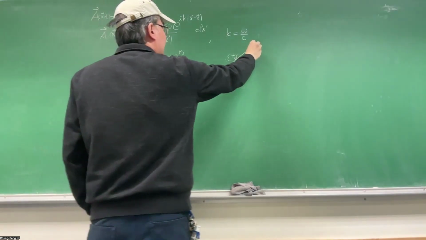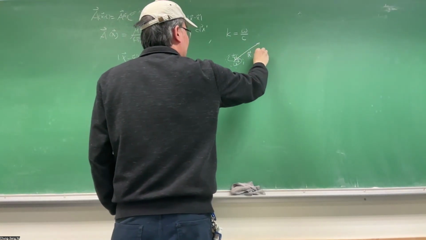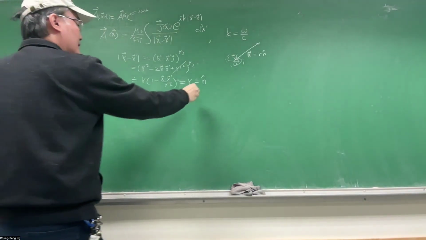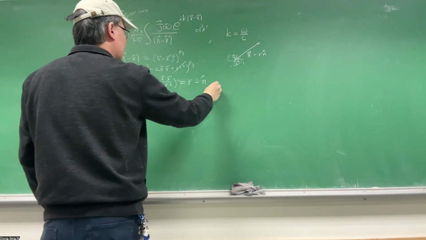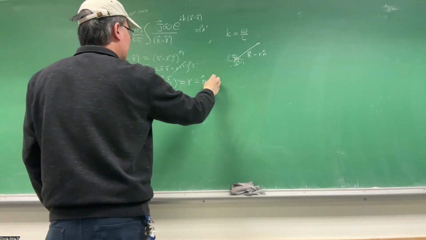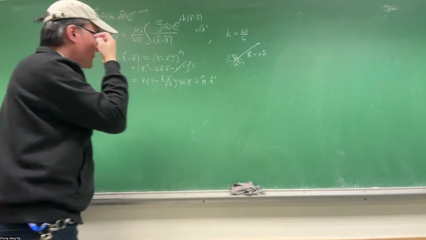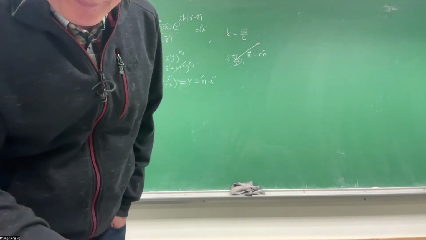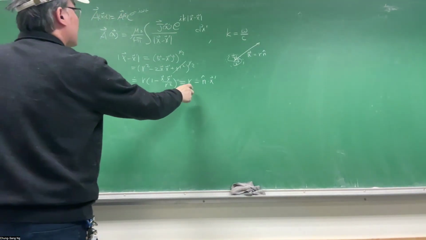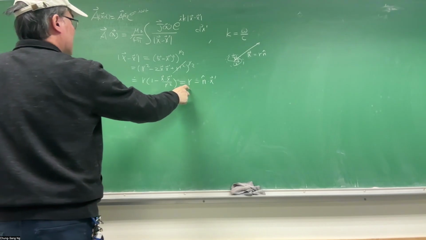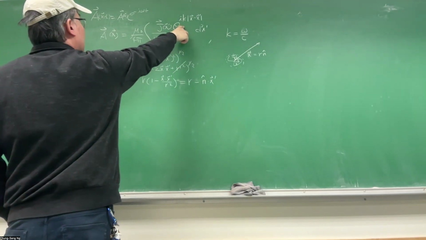So this is R minus n dot x prime. Okay, so this is 9.7, right? The reason to do that is you can substitute this into that.